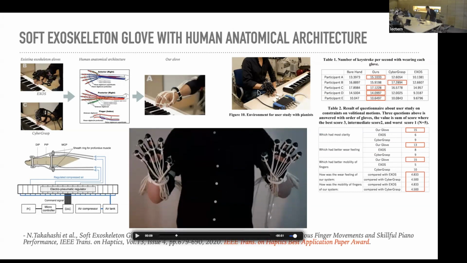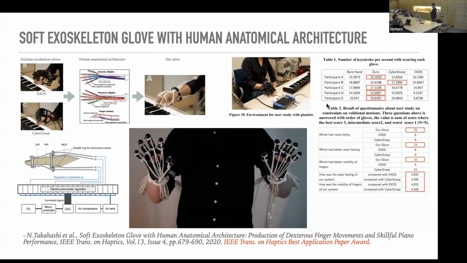So we applied these soft exoskeleton gloves to expert pianists, and we invited 5 expert pianists, including a professional pianist, to our experiment, and we asked them to play the piano as fast as possible.